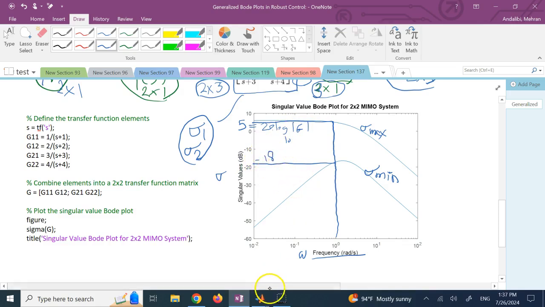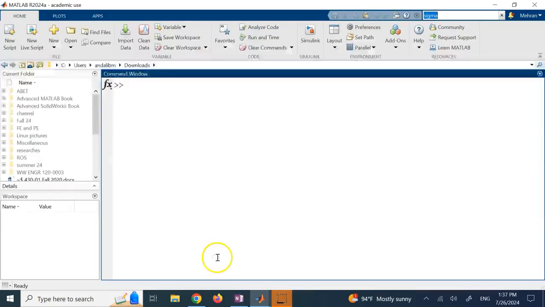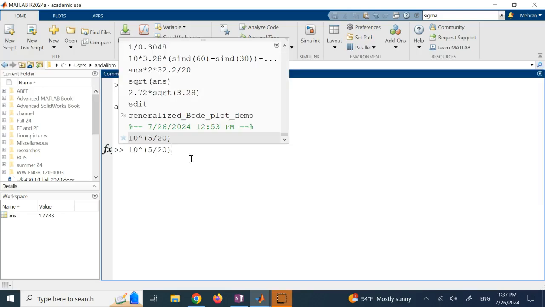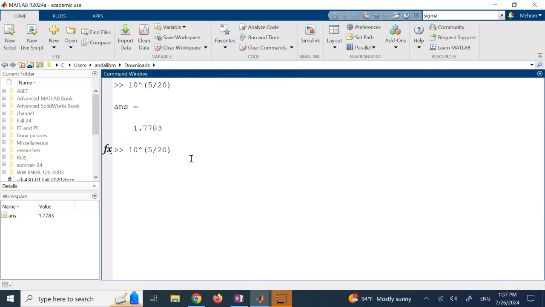And if you use MATLAB and calculate them, all you need to do is to basically divide 5 by 20 and raise 10 to that power. So 10 raised to the power 5 over 20. So you see your maximum magnification factor is 1.78, and the other one was negative 18, correct?